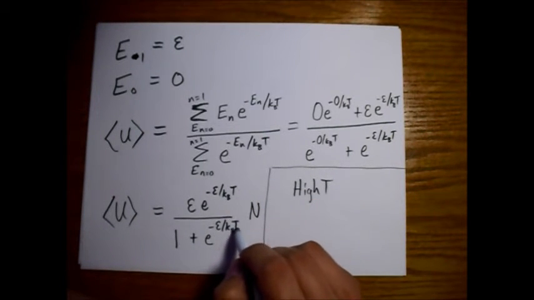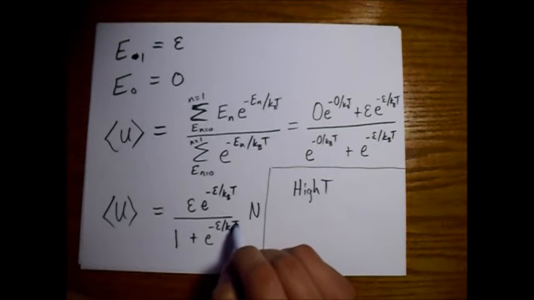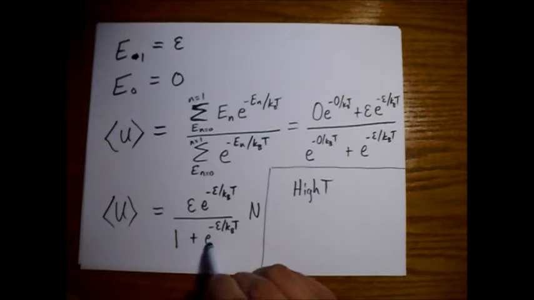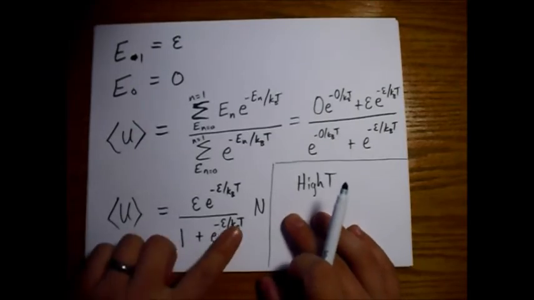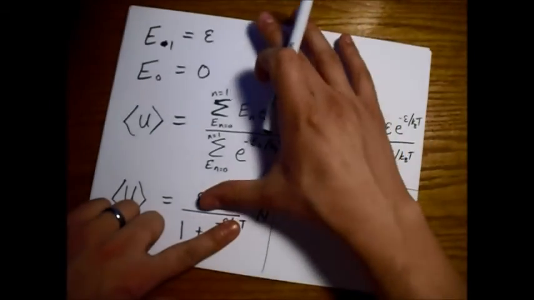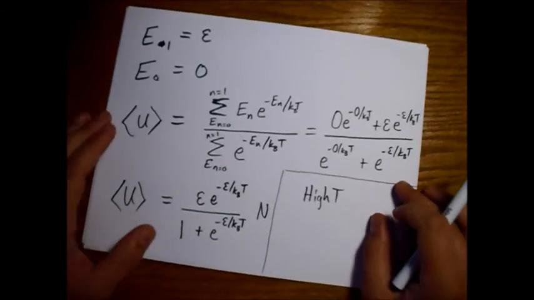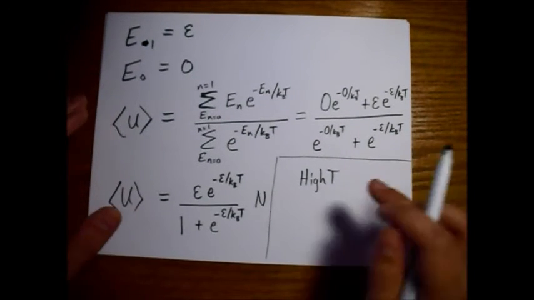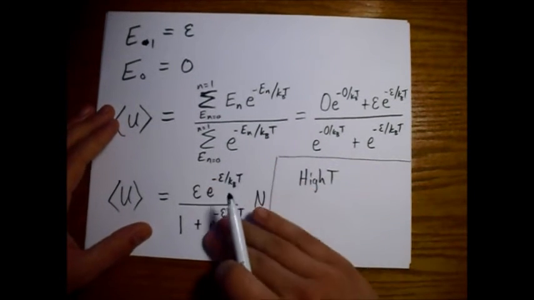These T's are here on the bottom, meaning these exponents here become very small, and the exponentials, these parts, go almost to 1. Basically, as T goes to infinity, these go to 1.